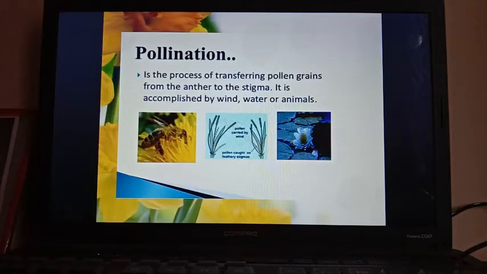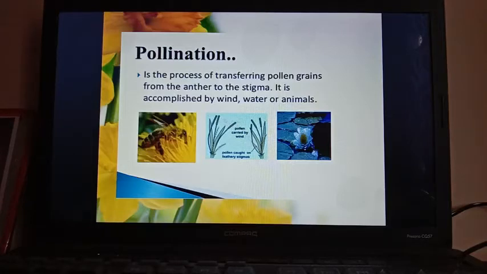So what is the definition of pollination? Pollination is the process of transferring the pollen grains from the anther to the stigma. In the last class I already told you what the anther and the stigma are. The anther is the upper part of the stamen or male part, and the stigma is the sticky upper part of the female part or carpel.